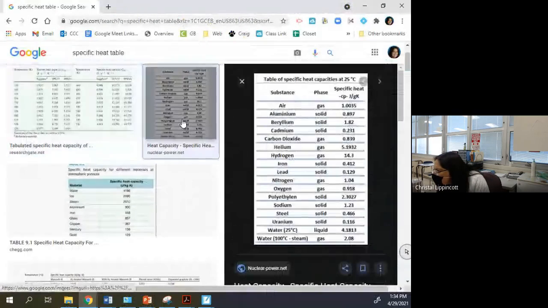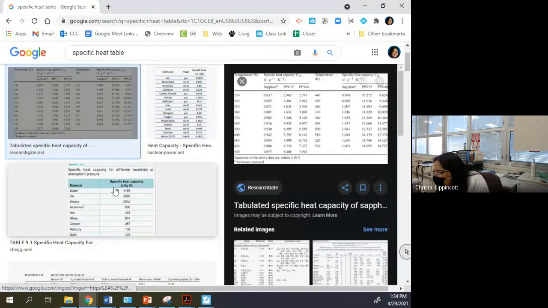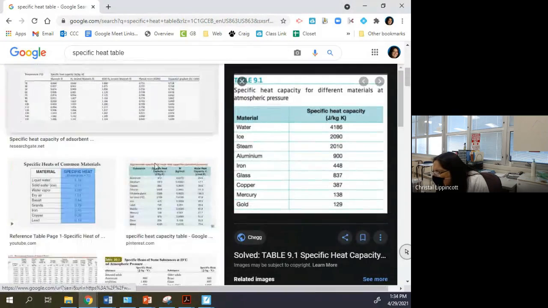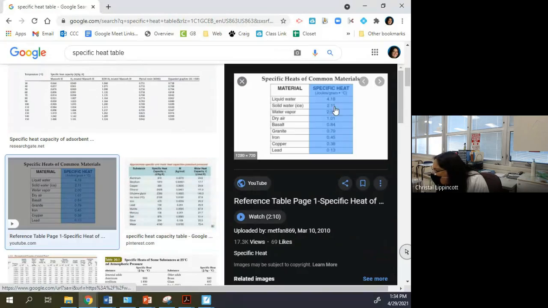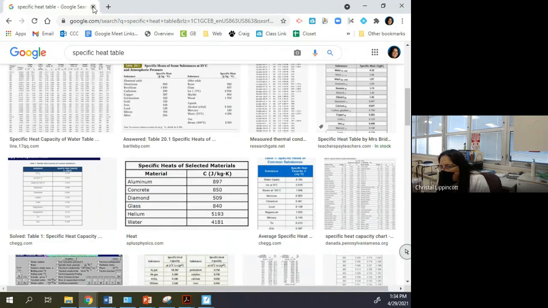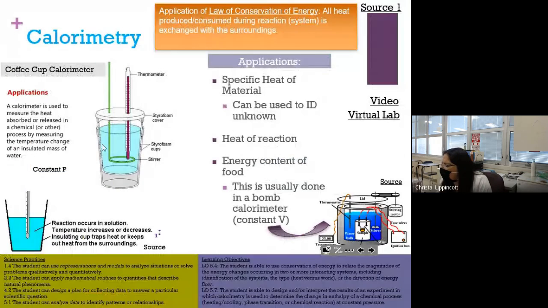There we go. Okay, so this is typically the way, joules per gram per degree Celsius. That's the way you'll typically see those values. So with that specific heat given in degrees Celsius, the temperature, when you're working with your samples, is going to have to be in degrees Celsius.